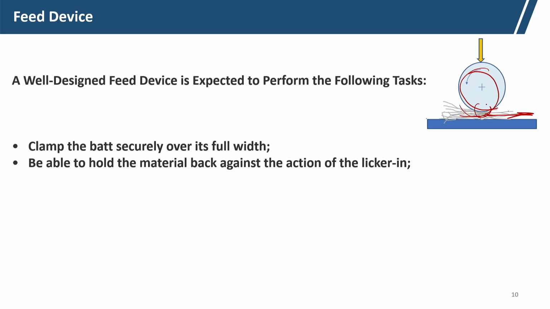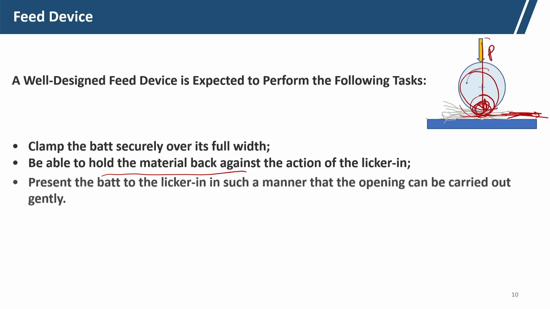So, this friction should be sufficiently high, so that the fiber is not taken away by the Licarin easily. The top roller pressure should be high, and the friction between the feed roller and the fiber should be high, so that it retains the fiber. It should hold back the fiber, otherwise Licarin will take away the fibers easily.